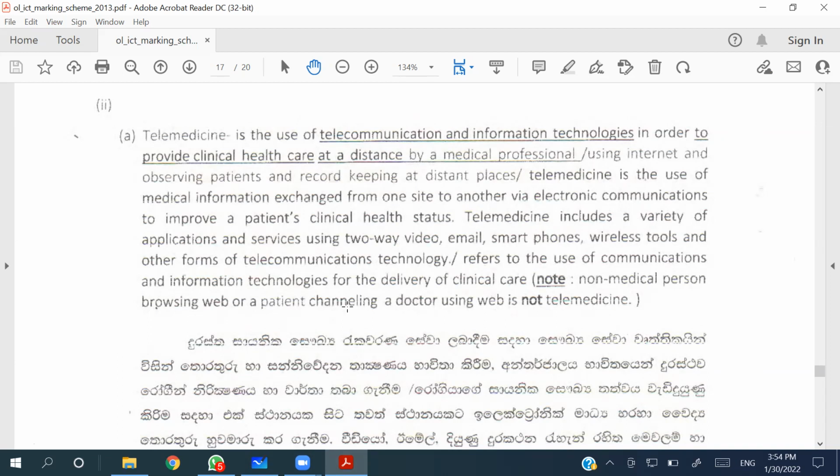And all these equipment, when you are providing telemedicine, you need some particular video conferencing tools, some audio conferencing, right?